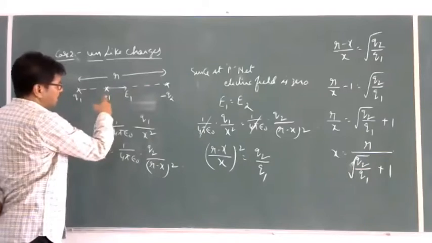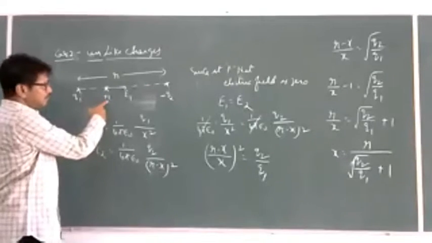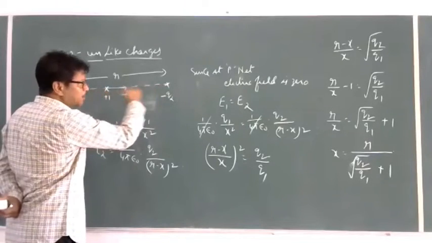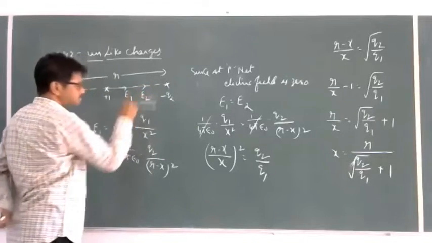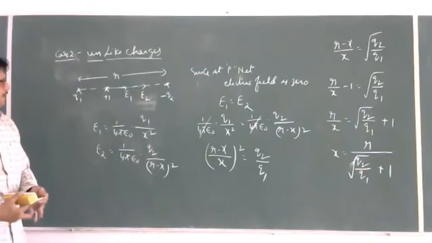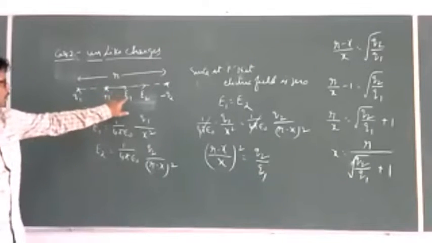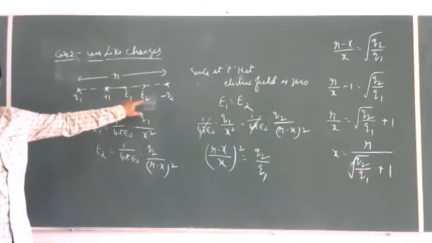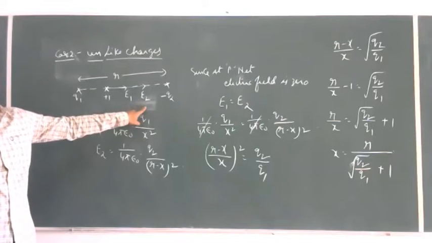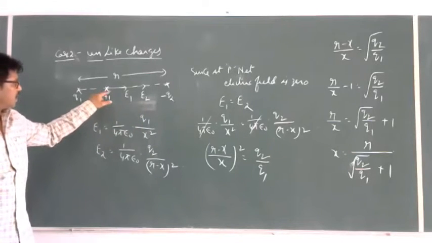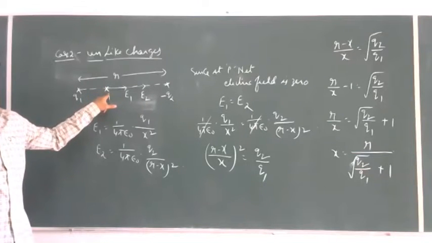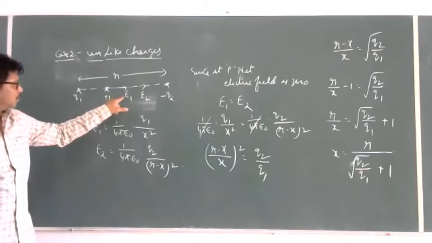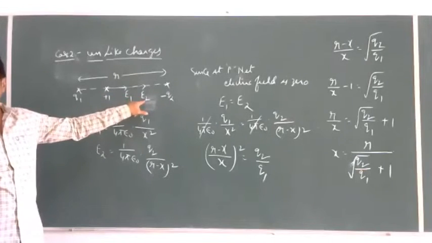This is negative and this is positive, so there will be an attraction, and in this direction E2 will act. Now at this point both E1 and E2 are acting in the same direction. Is there any chance of getting a net electric field of 0 here? No, because both are acting in the same direction.